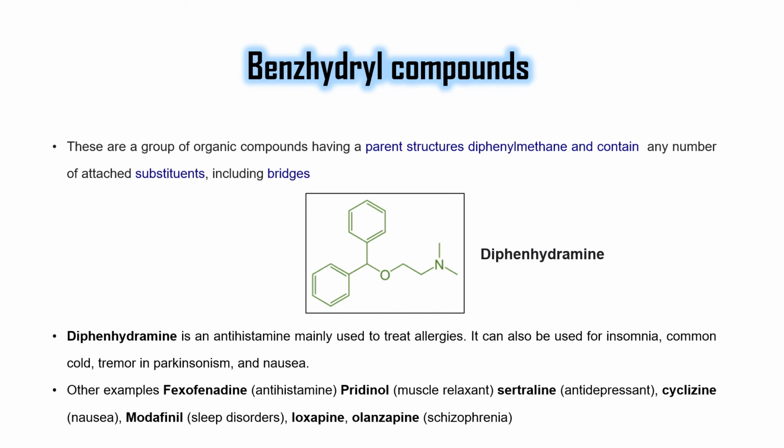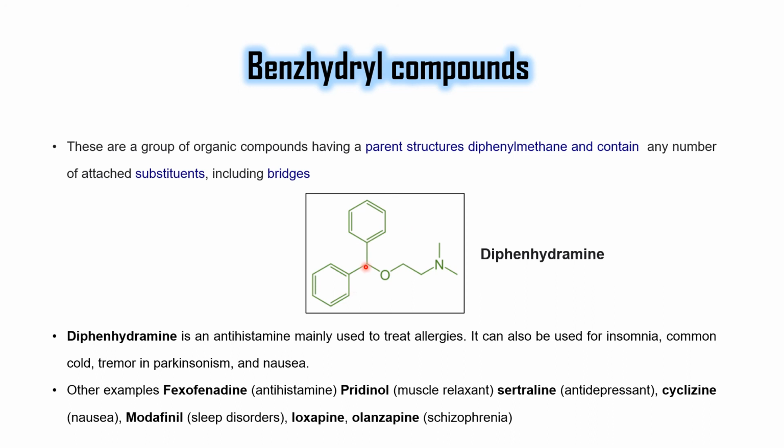All the medicinal applications of diphenylmethane are in the form of benzhydryl compounds. Now these are the compounds which have the parent structure as diphenylmethane. So you can see two phenyl rings over here and this was the central methylene group. So either substitution is done on the rings or on this central methylene group.